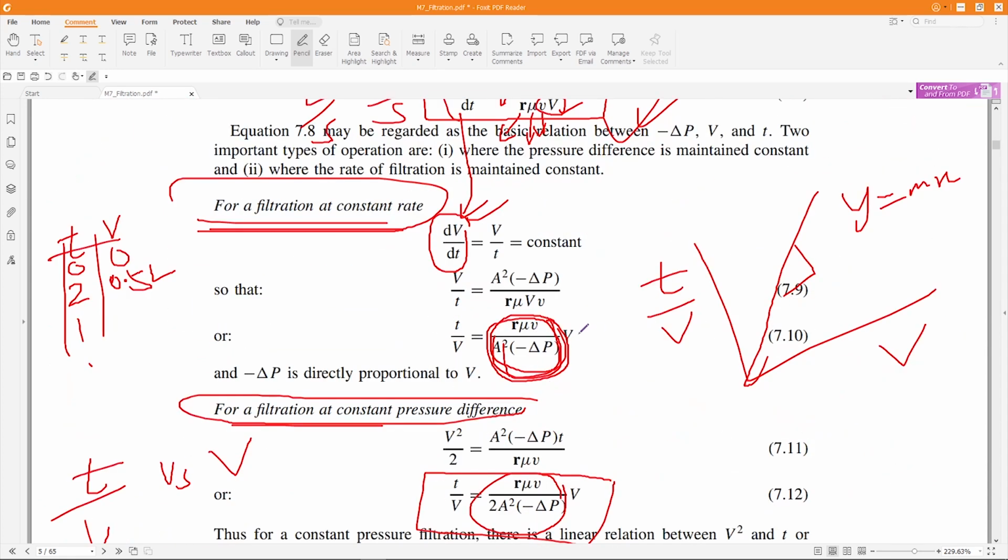Here, actually, you don't have to plot T by V and V. This T by V was constant, right?